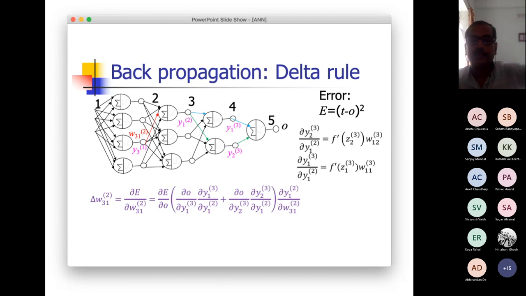So this is how the others are computed. As I was mentioning, these components are computed as the gradient of the function multiplied by the corresponding weight, because this is coming from this part. So that multiplication and this function. Suppose this is y23.